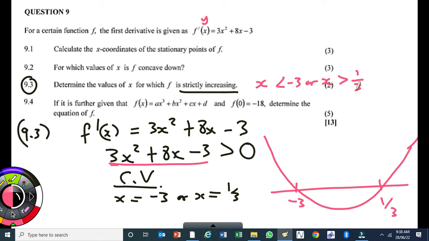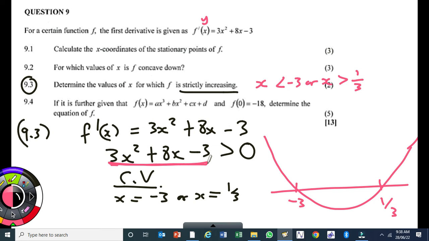It's the easiest. Be aware that this trinomial is equal to y. So this is the same as y is greater than 0. This horizontal line which I drew here is like your x-axis. Above the x-axis, y is positive. Below the x-axis, y is negative.